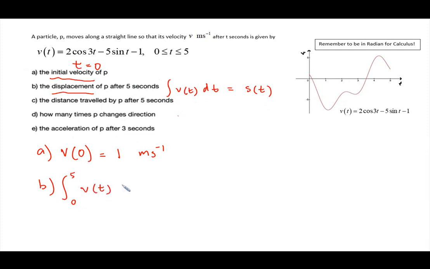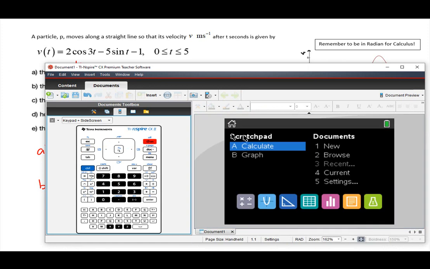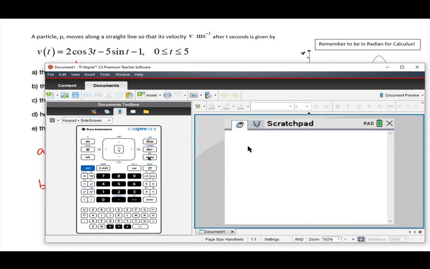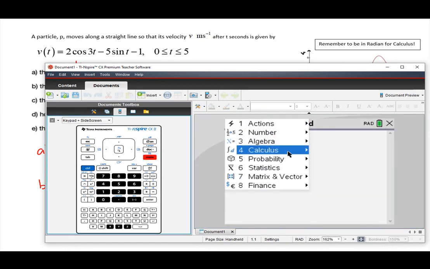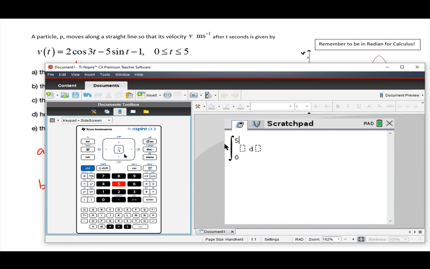You do this on the calculator. I'm showing you how to do it on the Inspire. Let's go to calculate: menu, calculus, and we're integrating from 0 to 5.